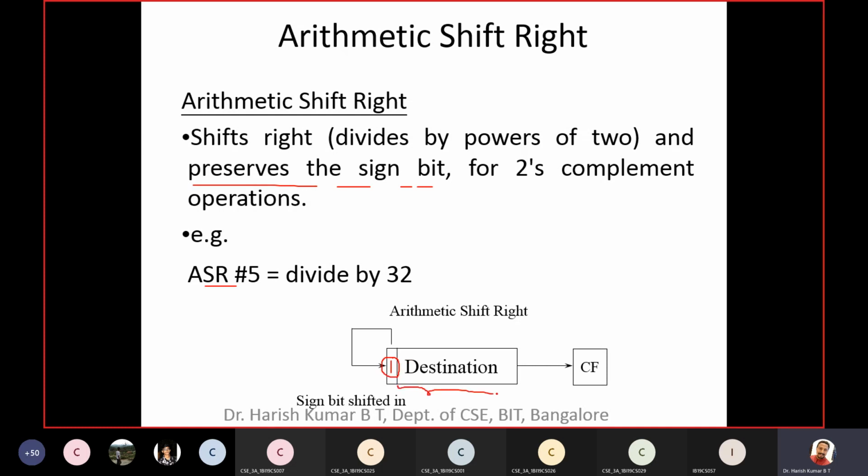All the bits from here to here get shifted. If a bit is 1, it gets shifted to the next position, and what comes into the vacated position is 0. So the sign bit is preserved. When I'm doing ASR, it preserves the sign bit and shifts the rest. Hope you understood. Yes, sir.